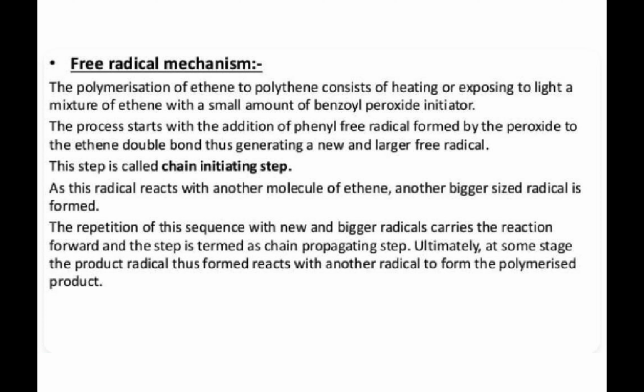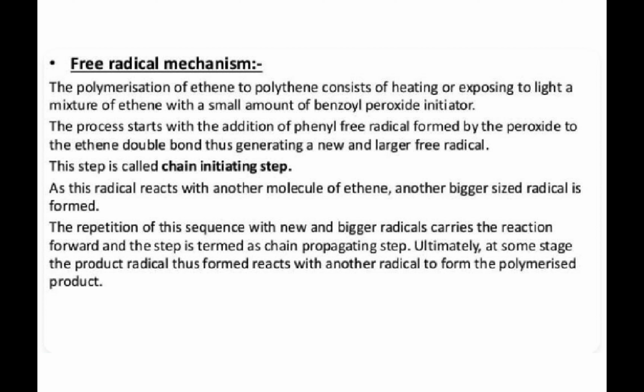First the process starts with addition of a phenyl radical, which is formed from the peroxide, to the ethene double bond, and you get a new and larger free radical. This step is called the chain initiating step, which is very important. Then this radical reacts with another molecule of ethene, and another bigger radical is formed.